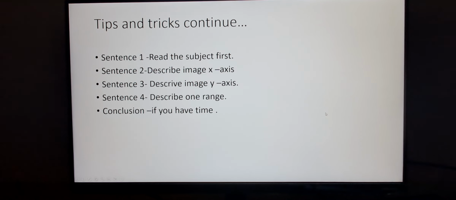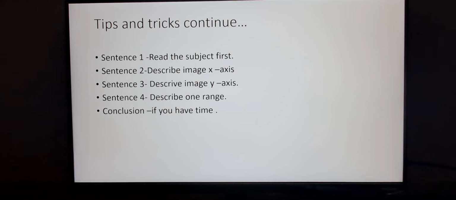So moving on, yes, now this is my strategy whenever the describe image comes. This is how I basically go about it. As you can clearly see, guys, I'm just speaking four sentences and a conclusion if I have time, right? There's no template to memorize, there are no keywords to look after, there are no difficult templates. It's just a simple thing.